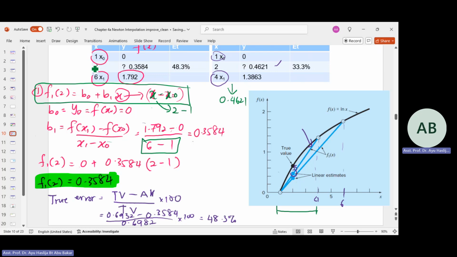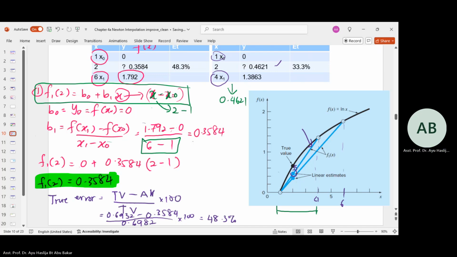For the x value over here, it is always x minus x0.